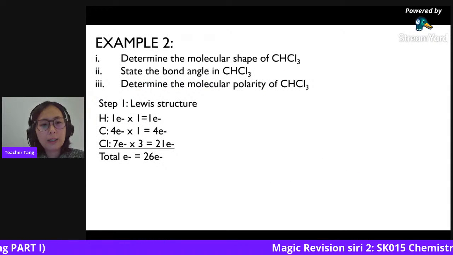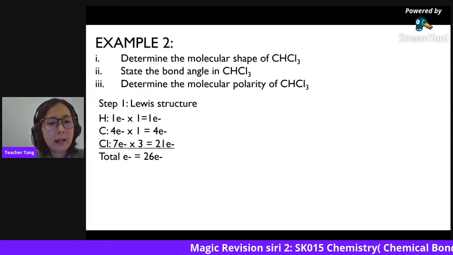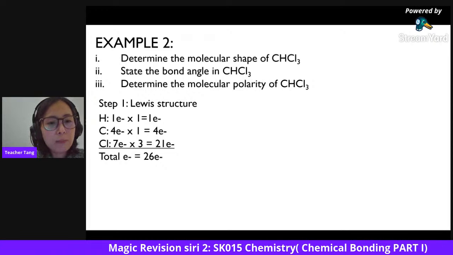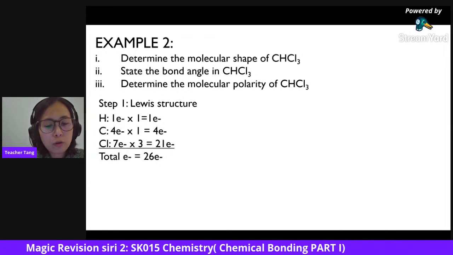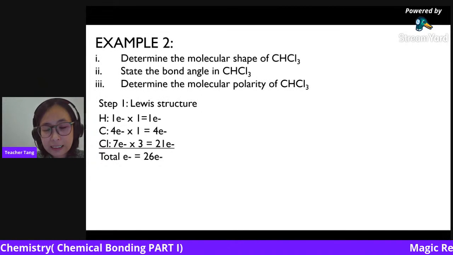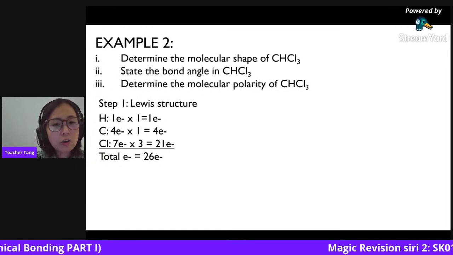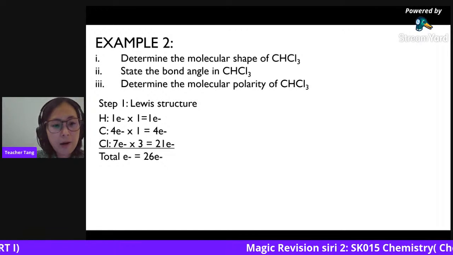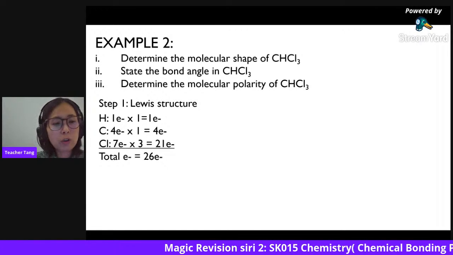Now we move on to look at the second example. Determine the molecular shape of CHCl3. Again, first we need to draw the Lewis structure.